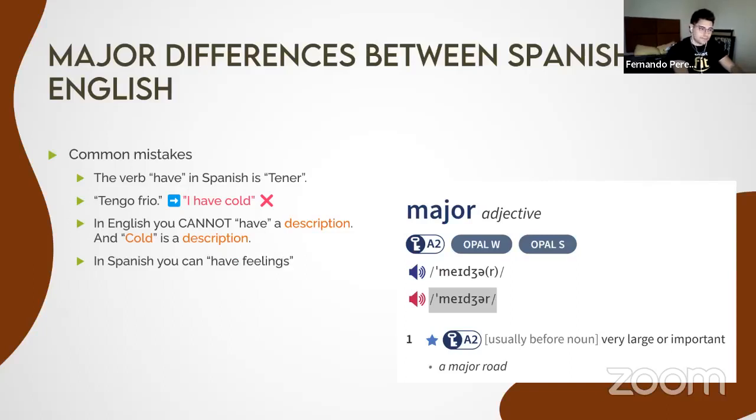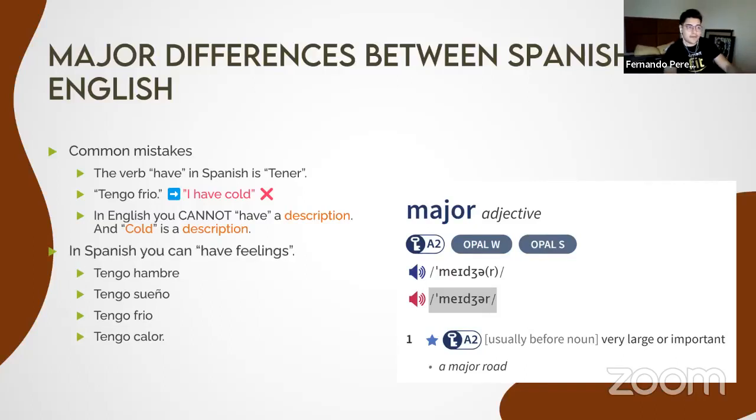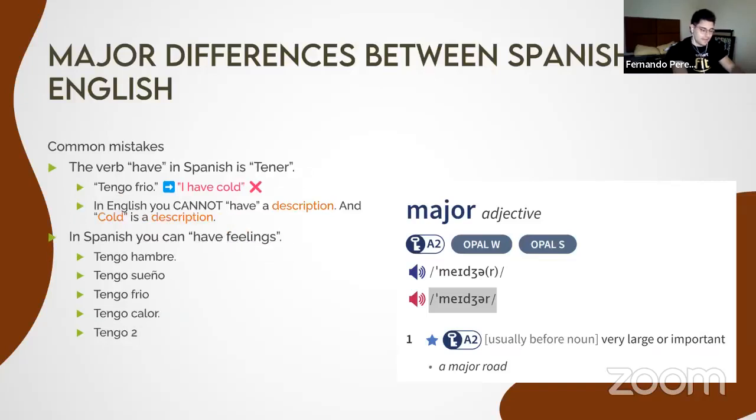For example, tengo hambre, tengo sueño, tengo frío, tengo calor. You see? And actually included, tengo 28 años.